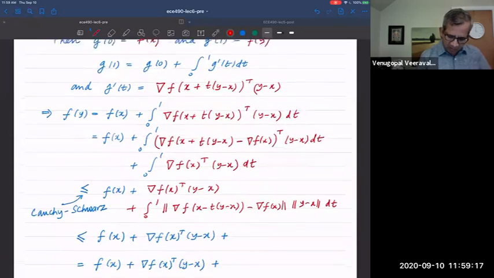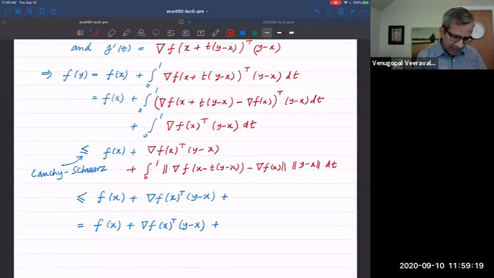So using that, I get that this is less than L times the integral from 0 to 1 of t times the norm of y minus x times the norm of y minus x dt. That's basically the norm of y minus x squared.